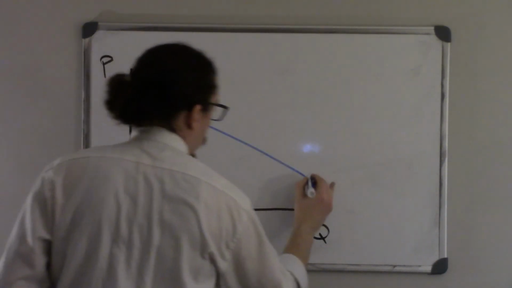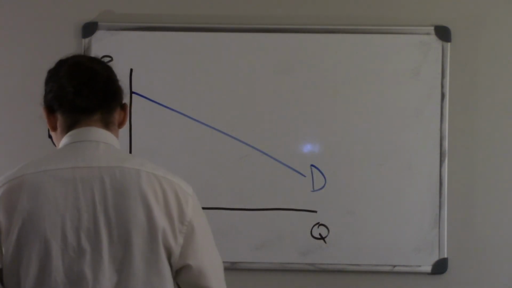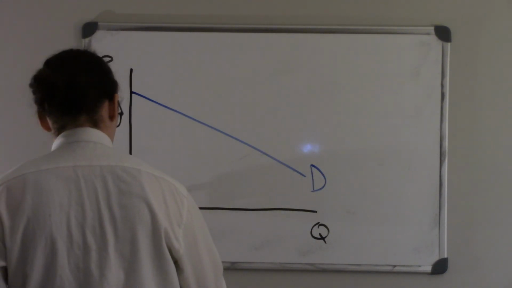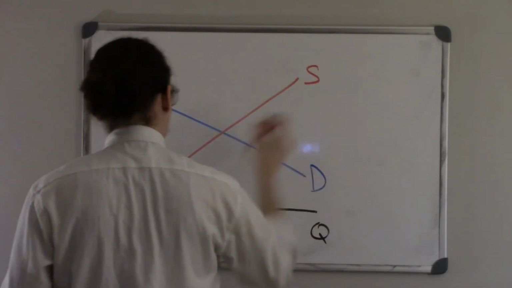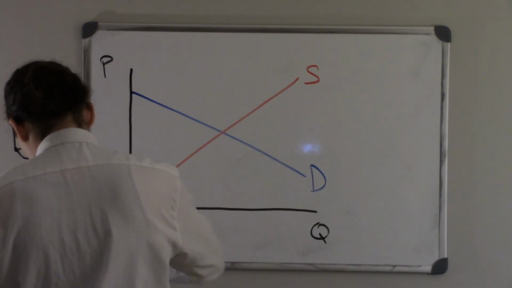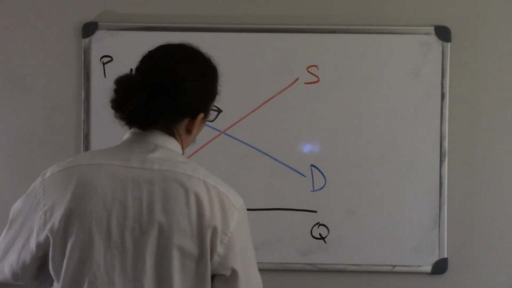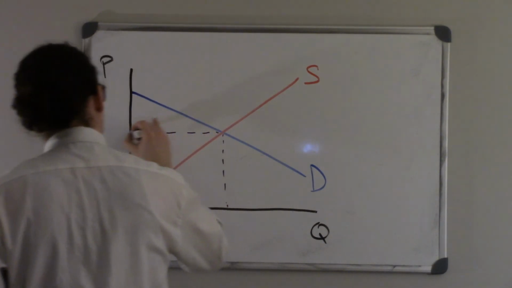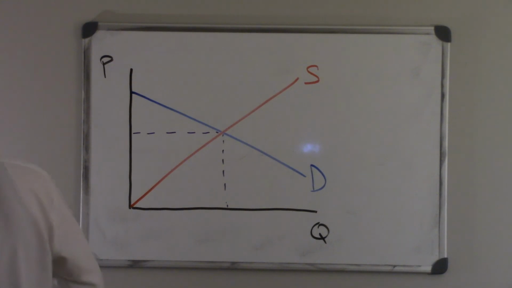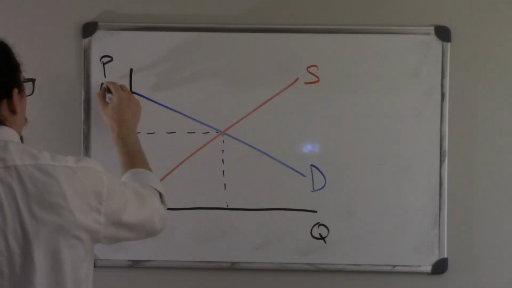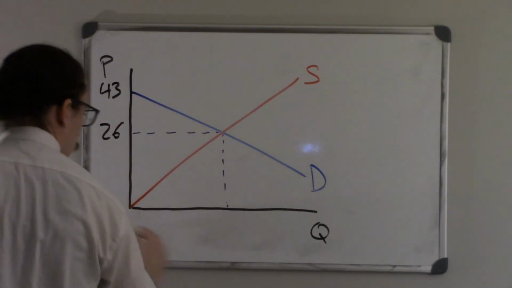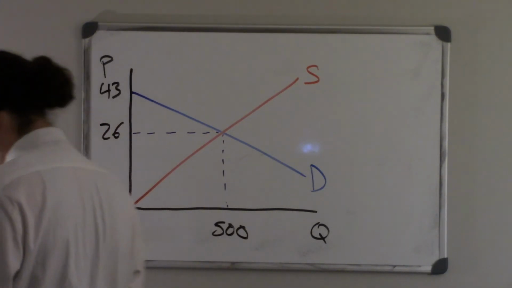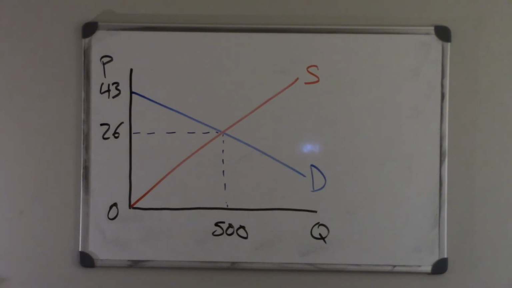So once again, we've got our demand curve, we've got our supply curve, we've got our equilibrium, and then we can notate that. So 43, 26, 0, and 500.